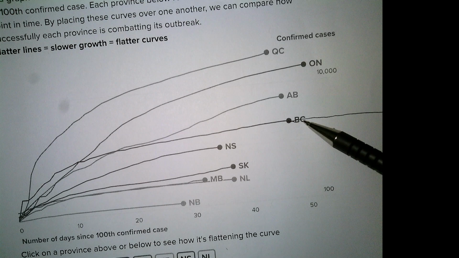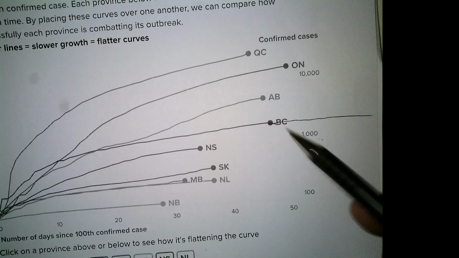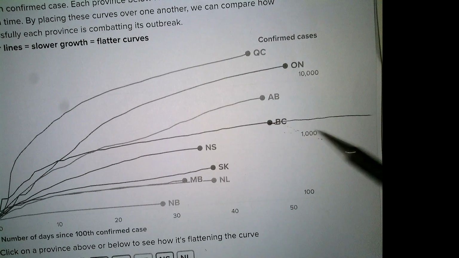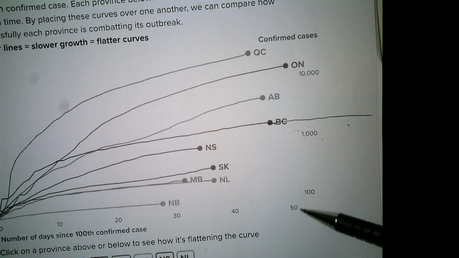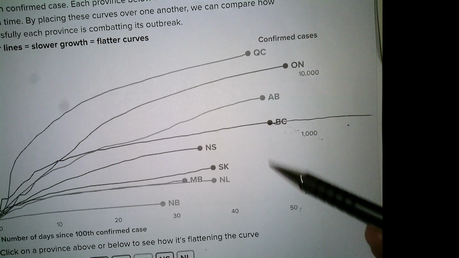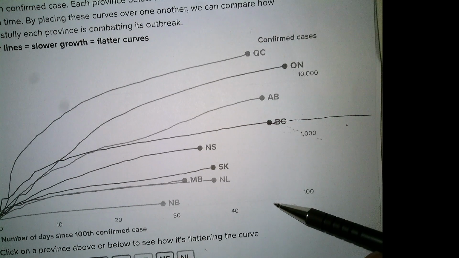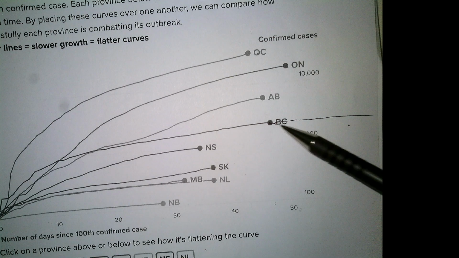Right now BC, the province, is sitting at approximately 2,200 cases, around 47 days after the 100th case was confirmed.